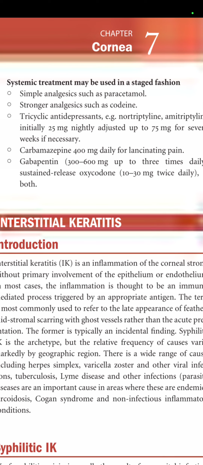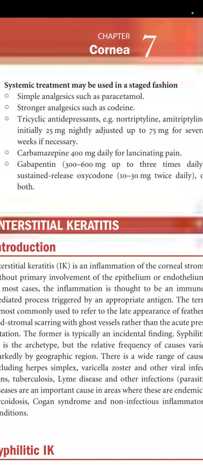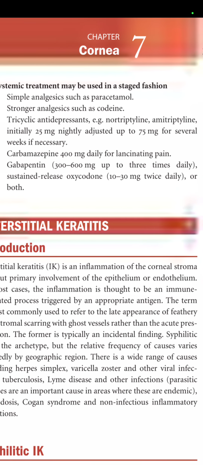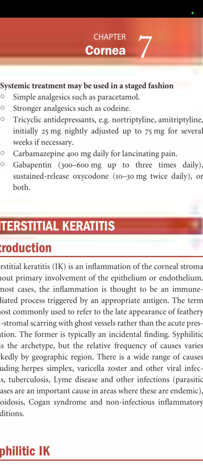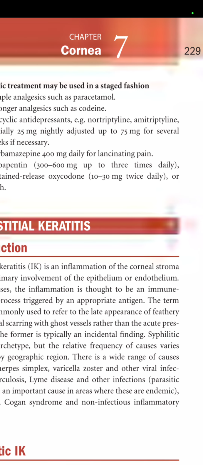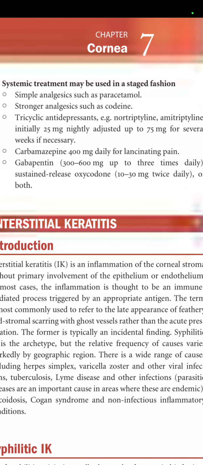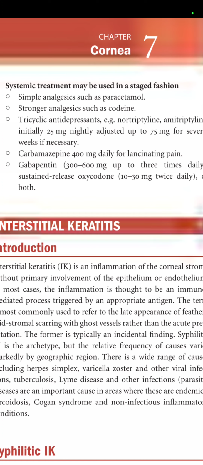Carbamazepine 400 mg daily for lancinating pain. Gabapentin 300 to 600 mg up to 3 times daily, or sustained release oxycodone 10 to 30 mg twice daily, or both. So basically it is not telling us that we should give all of them.